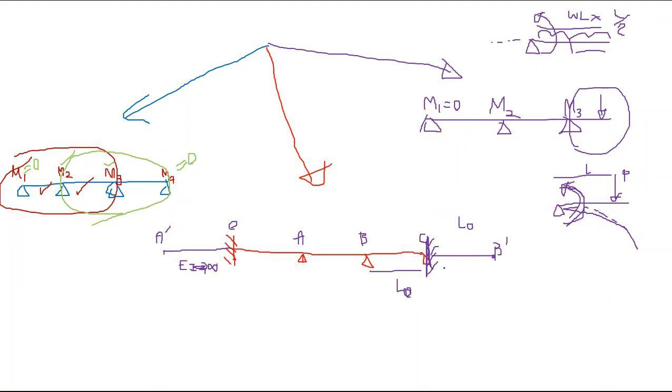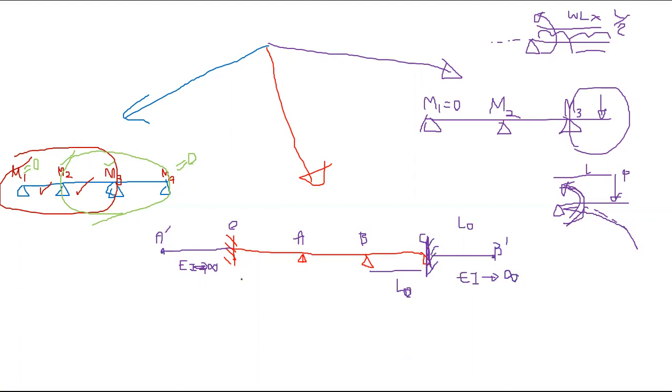I'll show you why. You don't know the position, what this is, so for a moment stick with me. This is L0, so we set EI to infinity, so we can apply this into an equation.